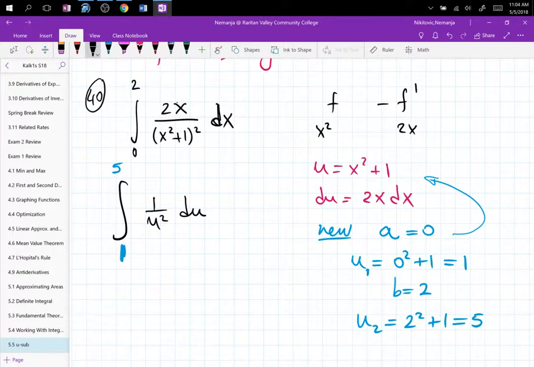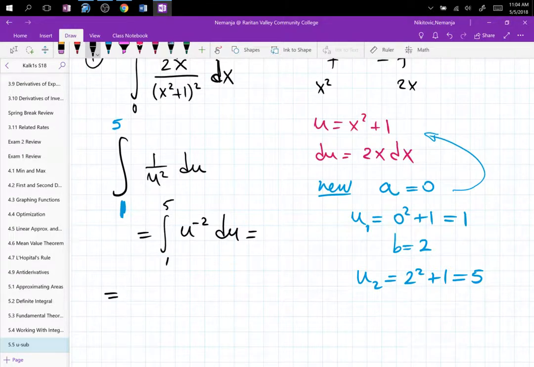Now the entire integral is in terms of u, and limits are now in terms of u, so I don't have to go back to x values ever when you do the definite integral. So this is definite integral 1 to 5, u to the minus 2 du. And now this is u to the minus 1 over minus 1, computed from 1 to 5.